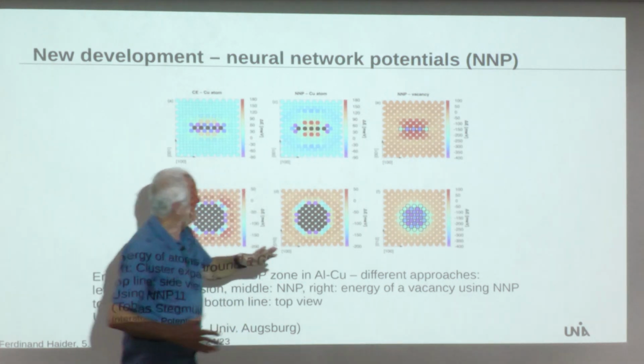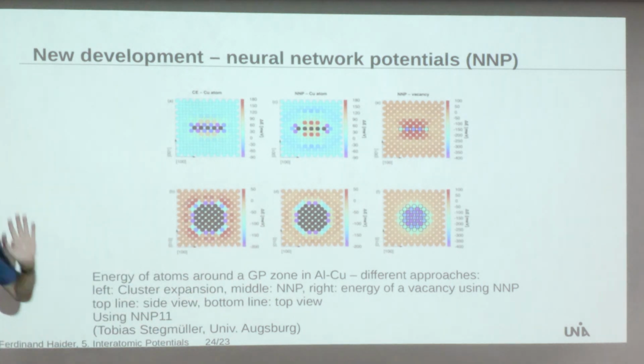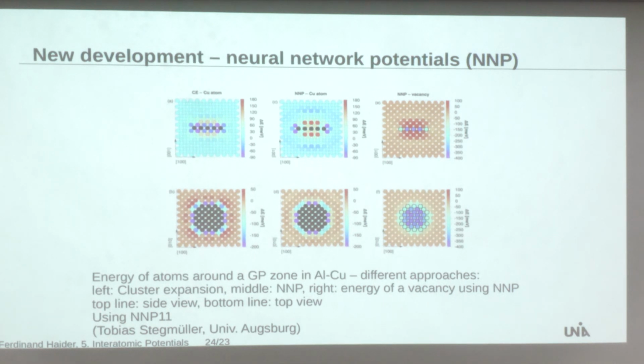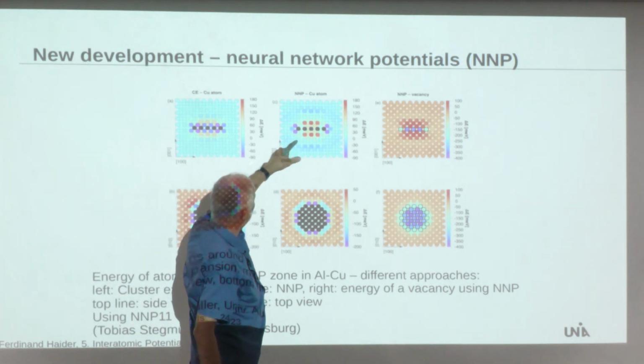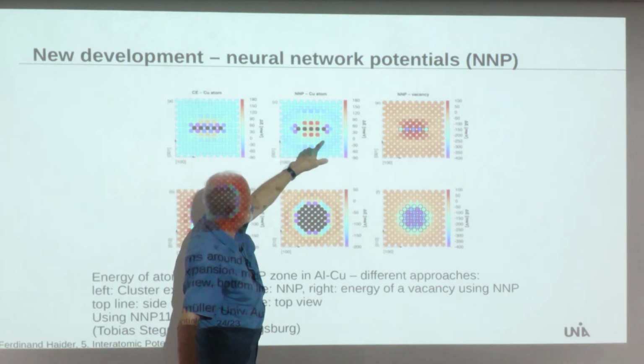And indeed, I don't know how familiar you are with aluminum-copper metallurgy. There are these Guinier-Preston zones, and there's something called GP2 zones. These are two copper plates on top of each other with a pretty precise distance of 3 atomic layers in between. And here you see the next copper could be here.